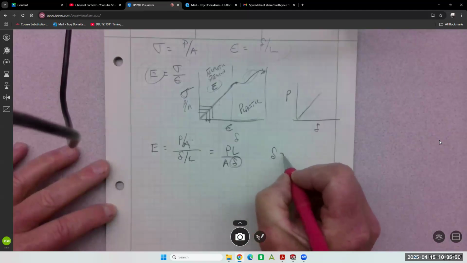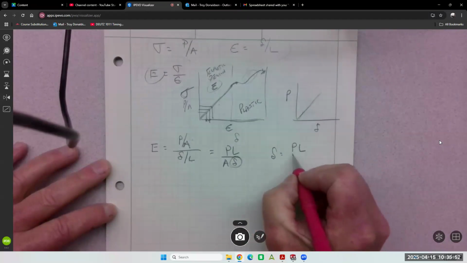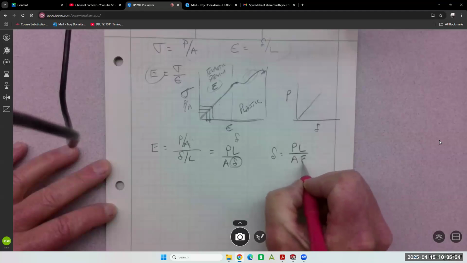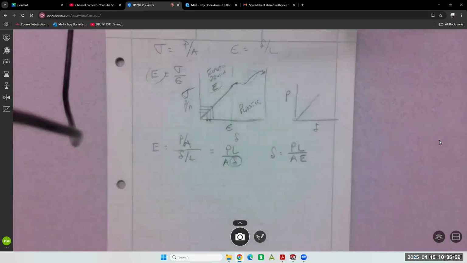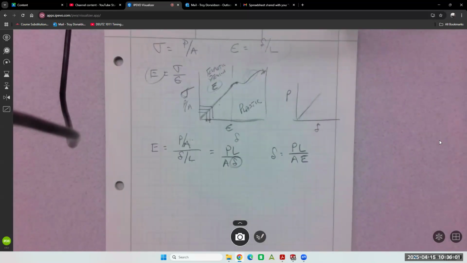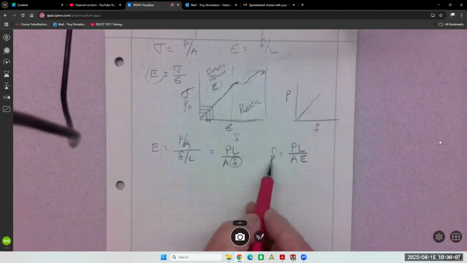Delta equals PL over AE. I've used it so much in my life, PL over AE is just like the speed limit in life, you know, use it a lot. And it's how you get delta.